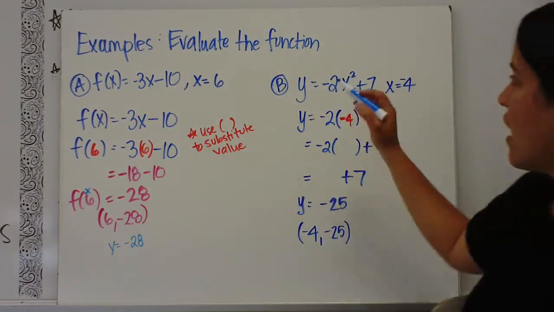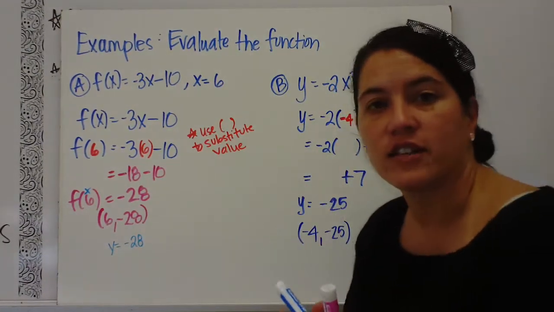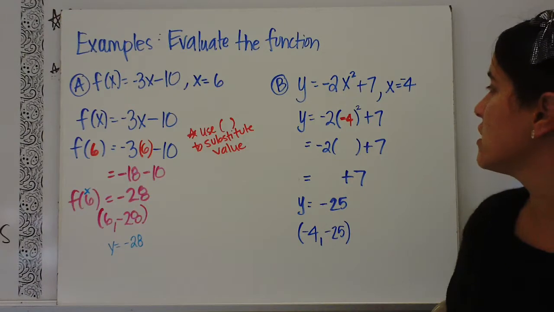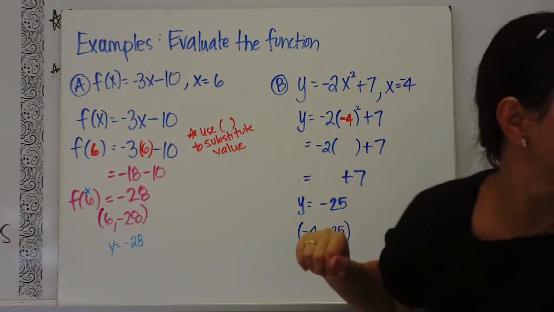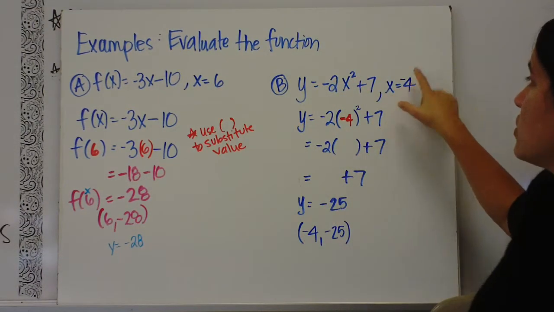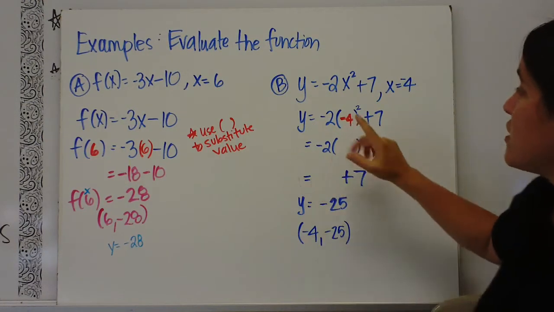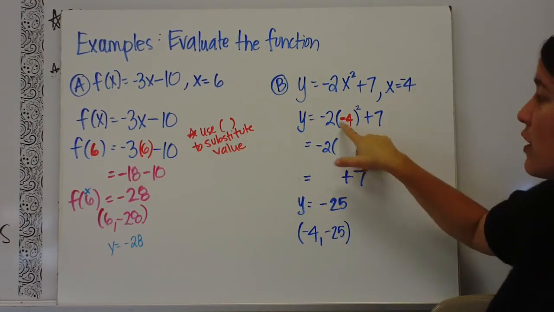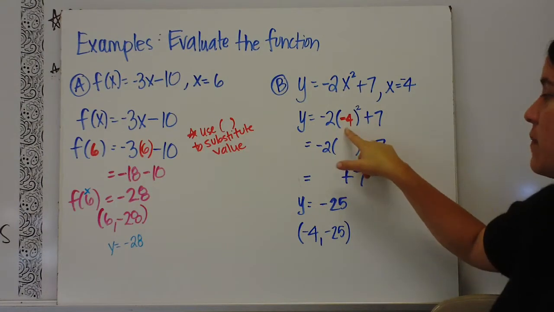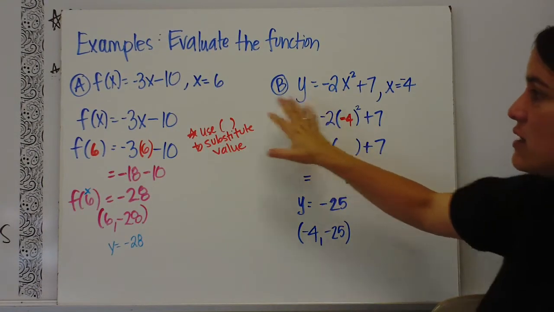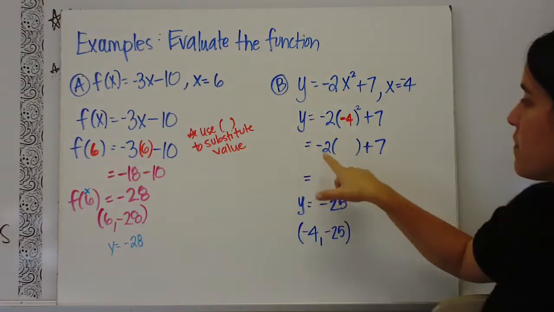Let's do another one. This time, instead of f of x, I just have y. y equals negative 2x squared plus 7, and x equals negative 4. So I've substituted in negative 4, and again, you want to use parentheses. I have y equals instead of f of x, but they mean the same thing.